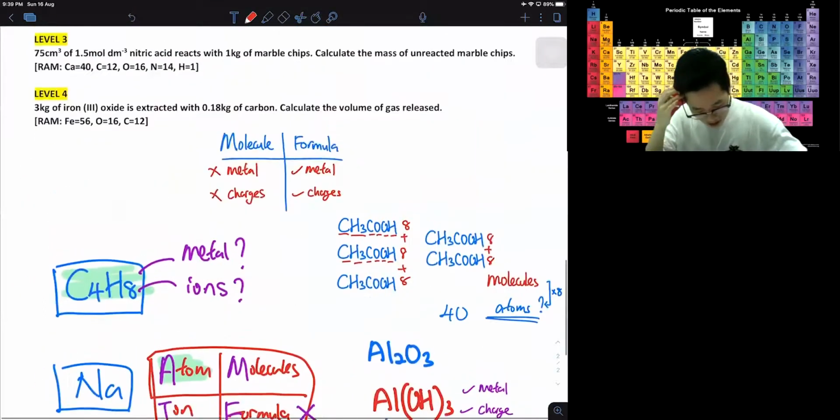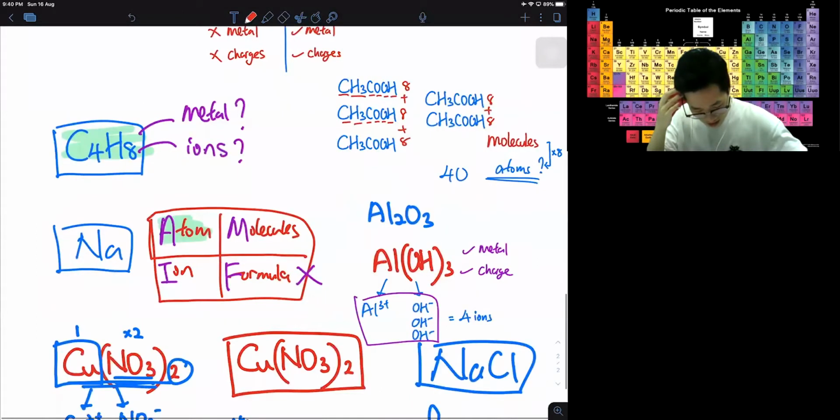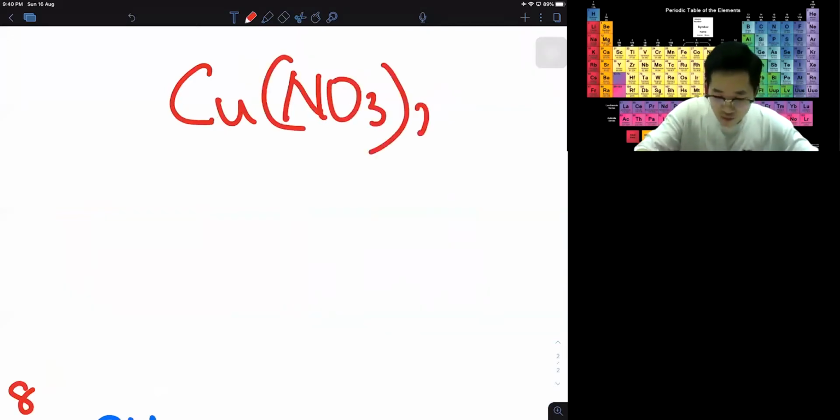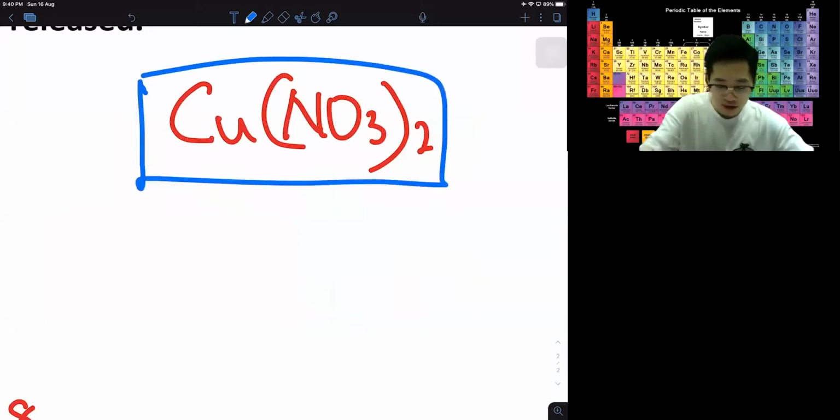So is there anything I want to ask you? Okay, yes, there's one more thing. See, we used back the example earlier, Cu(NO3)2. I have one only. This is the only formula I have.